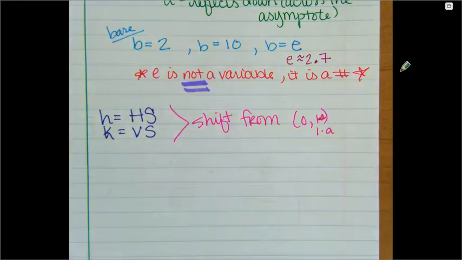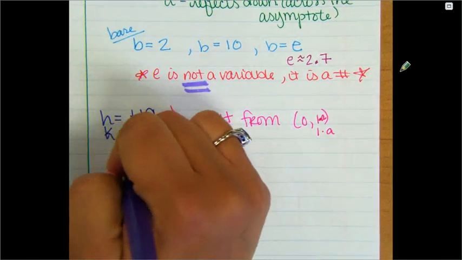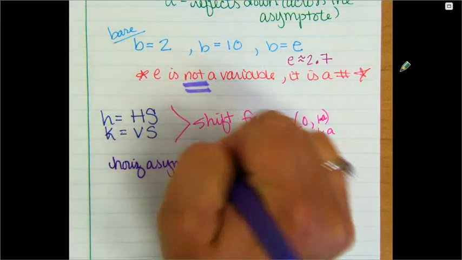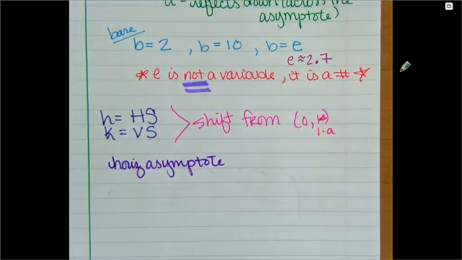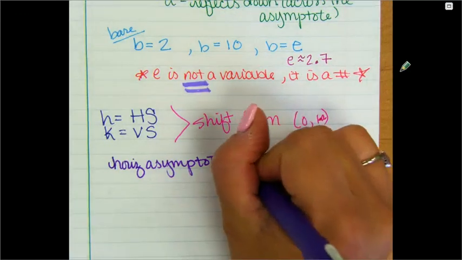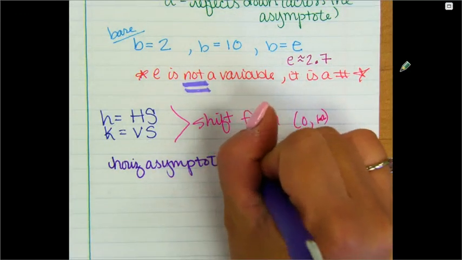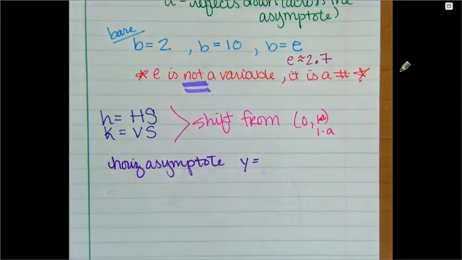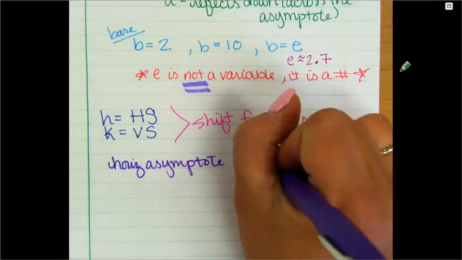All right, remember your horizontal asymptote? Is it x equals or y equals? It's y equals. And what letter are we equal to? H or K? Okay.